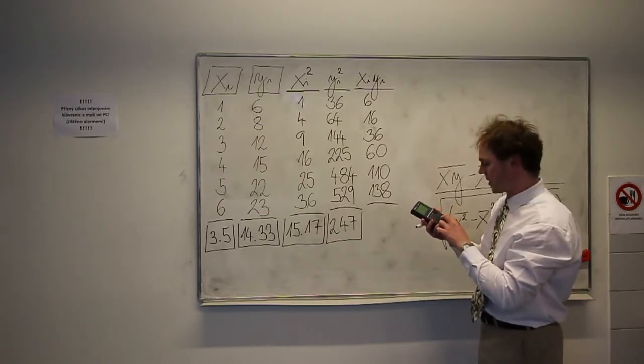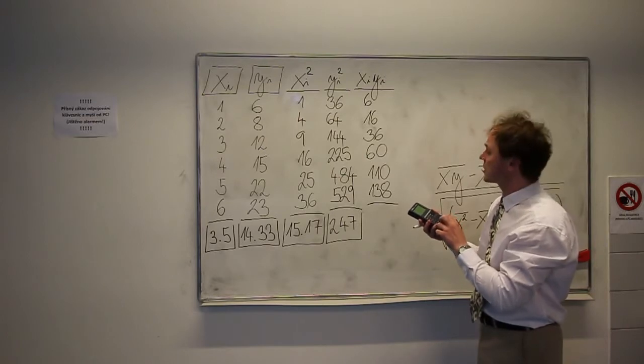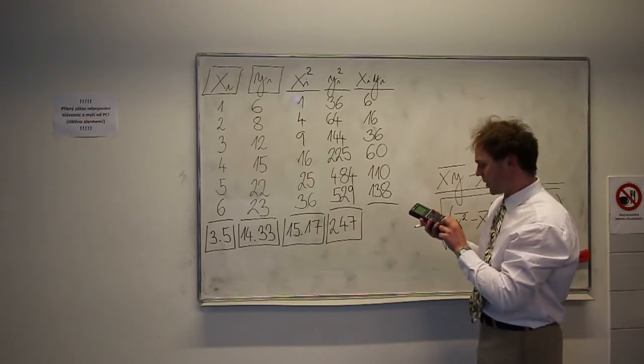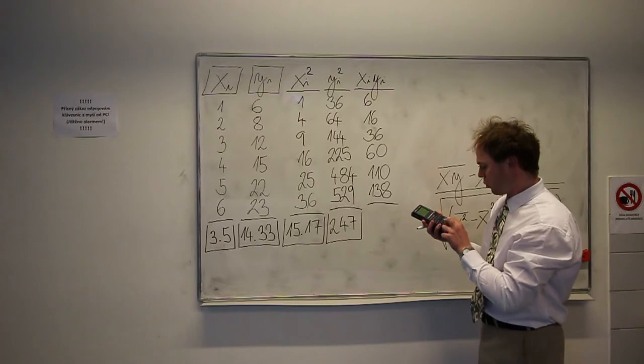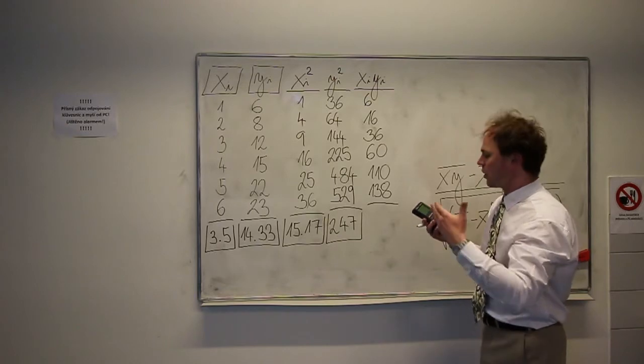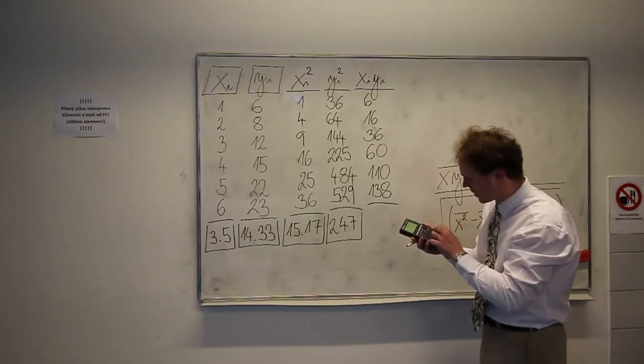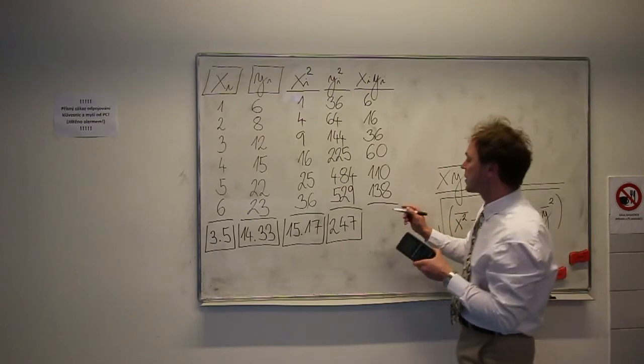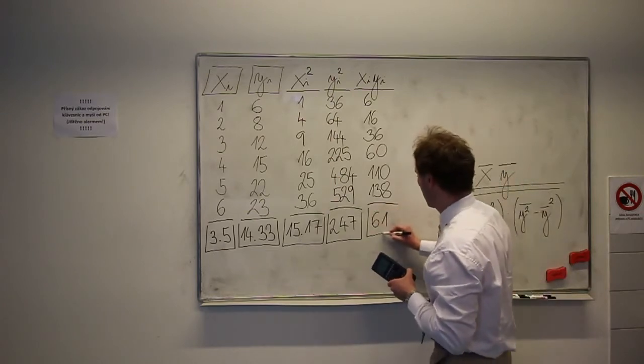6 plus 16 plus 36 plus 60 plus 110 plus 138. Result is 366 divided by 6, 61.